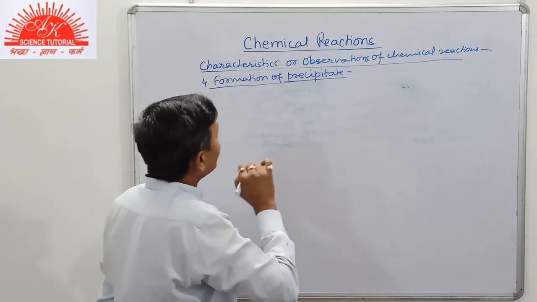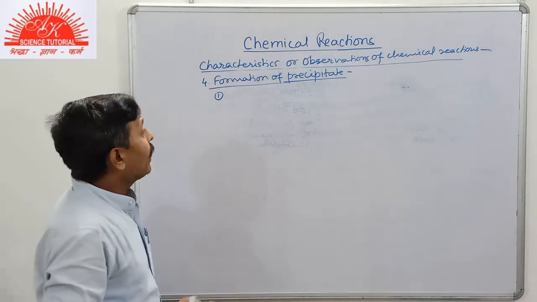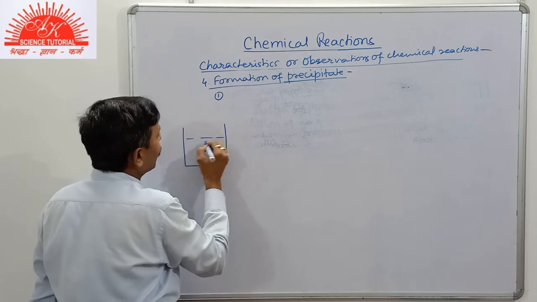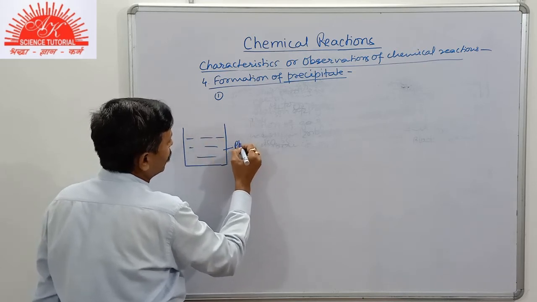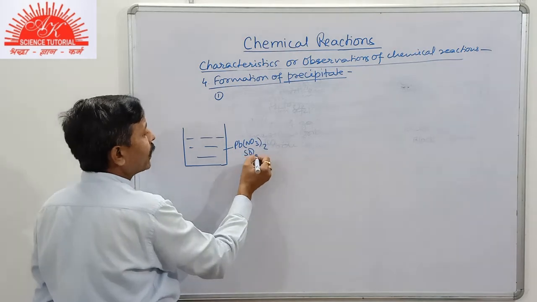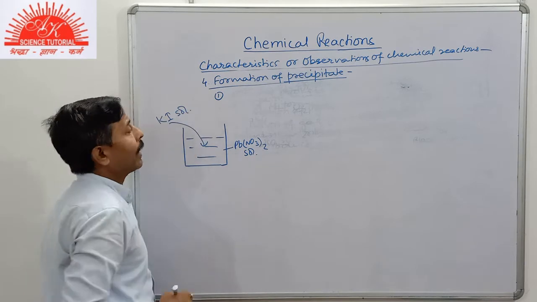Now suppose we take some examples. This time we take lead nitrate solution. Lead nitrate solution is taken and potassium iodide solution is added to it.